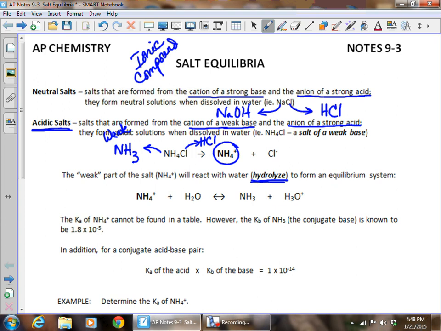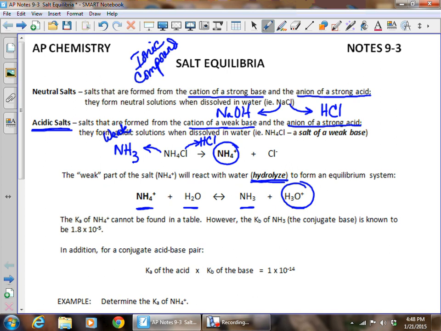We get the NH4 plus reacting with the water, and what happens is, since that NH4 plus is weak, it's going to donate its hydrogen to the water. We're going to end up with NH3 and H3O plus, and that H3O plus that we end up with after water attacks is why this is an acidic salt.